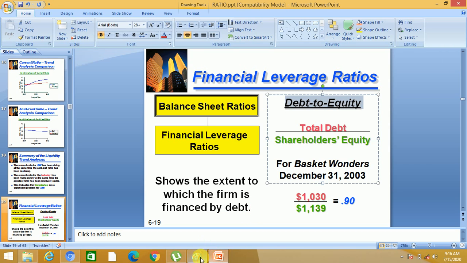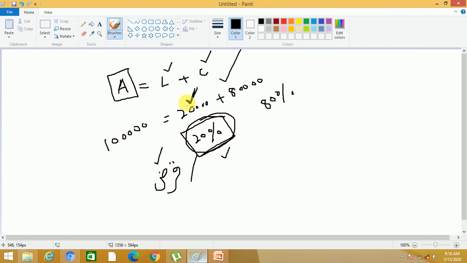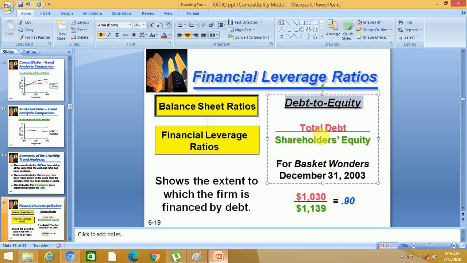It means in our total financing of 100,000, what is the percentage of debt? So now here, debt to equity is equal to total debt divided by shareholders' equity.